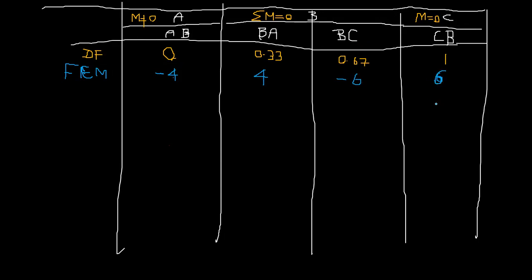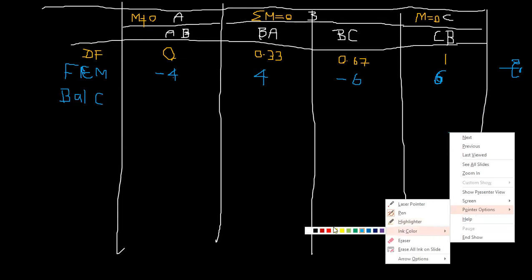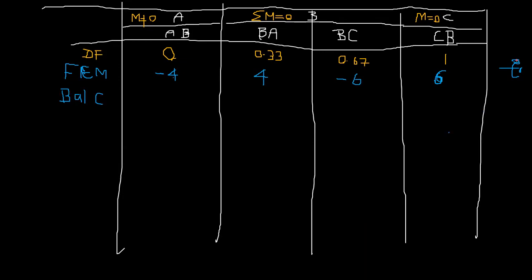So I will first balance CB, balance C joint. Here you have +6, so that means a clockwise bending moment is remaining at that point. C joint is here, right? Clockwise moment is there, so you have an additional bending moment which is unbalanced.